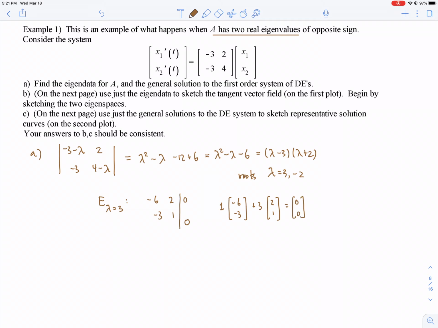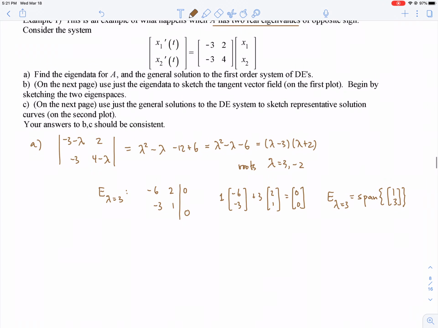And since Av is just a linear combination of the columns where the weights are the entries of v, I deduce without having to go back to reduced row echelon form and back solving that the lambda equals 3 eigenspace is the span of 1, 3, the two weights in the equation at the left.